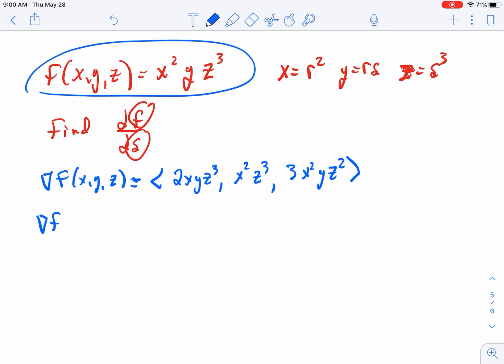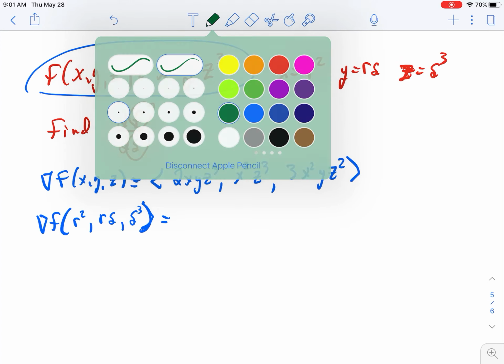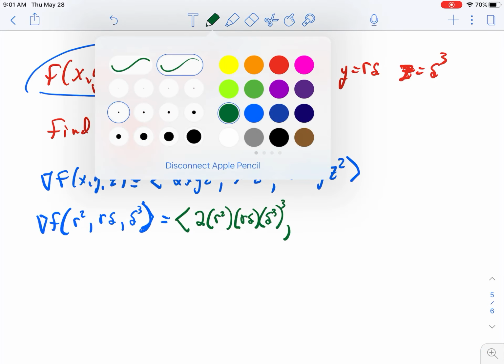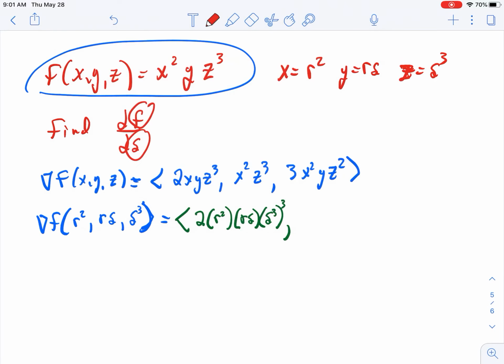Now, plugging in our values here, so f as a general equation, x is actually r squared, y is rs, and z is s cubed. So what would I have here? Well, it'd be 2, x is r squared, y is rs, and z is s cubed, comma.